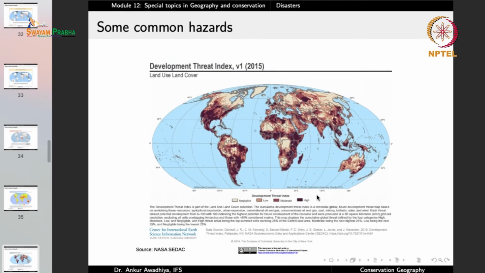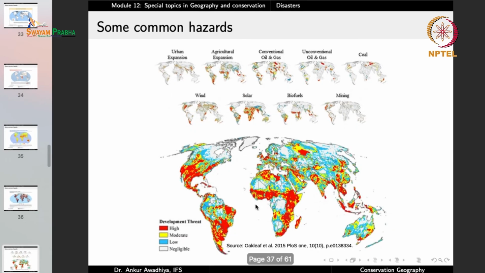Then we can also look at the developmental threat index. This index incorporates a large number of developmental activities, and we look at their impacts on the environmental threats. We can look at things like urban expansion, agricultural expansion, conventional oil and gas, unconventional oil and gas, especially things like fracking, coal, wind, solar, biofuels, and mining.